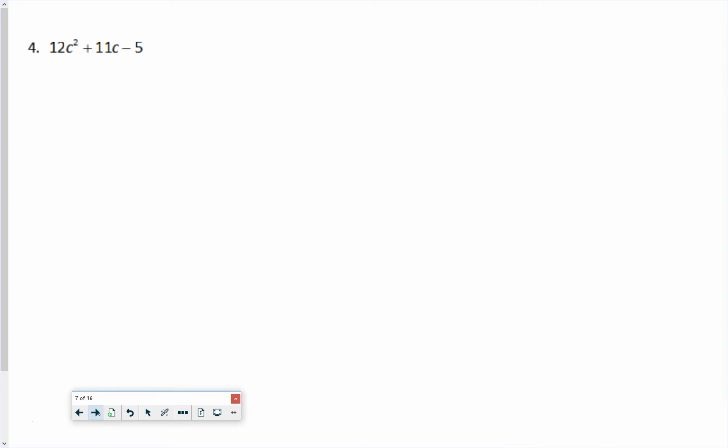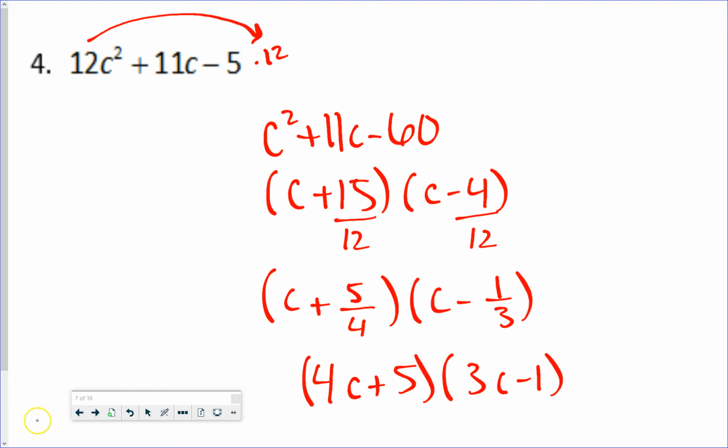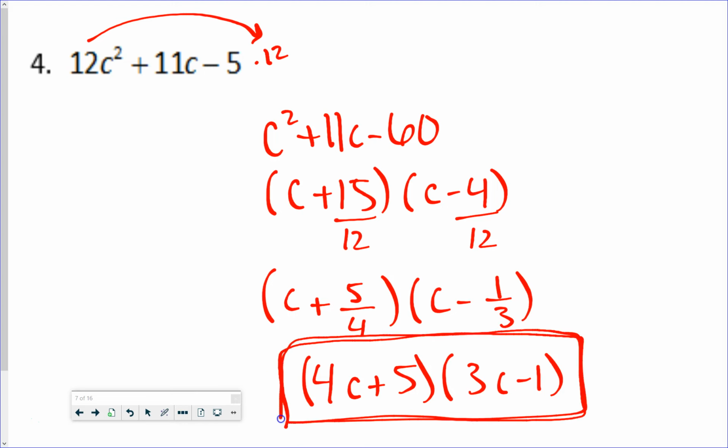All right. I would like for you to please try number 4. You can try it with a friend. All right, check your answer with mine. I got 4c plus 5 and 3c minus 1. Did you get the answer right?